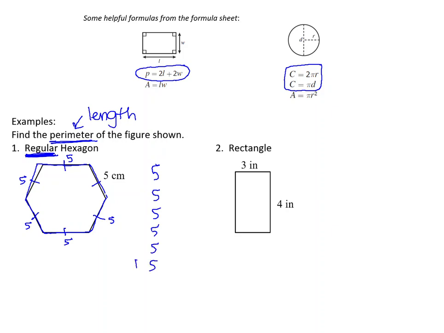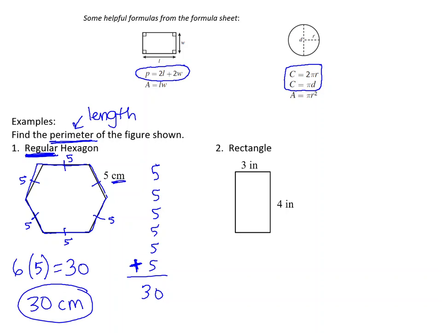There are 6 of them, and that would make 30. Of course, because there are 6 of them, I could just say 6 times 5, which is also 30. Either way, I'm coming up with the perimeter being 30 centimeters. Because I was given centimeters in the problem, I will give centimeters in the answer.